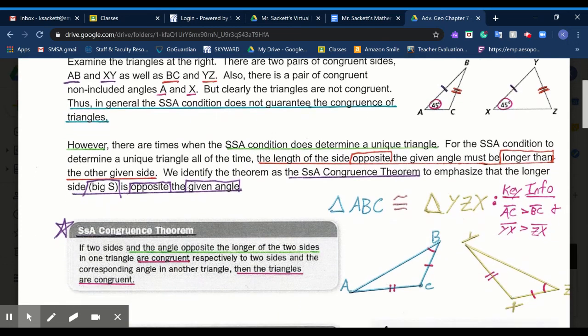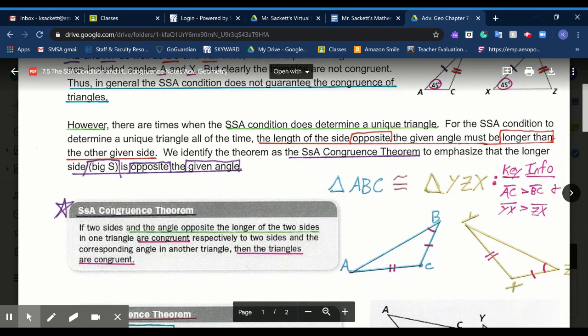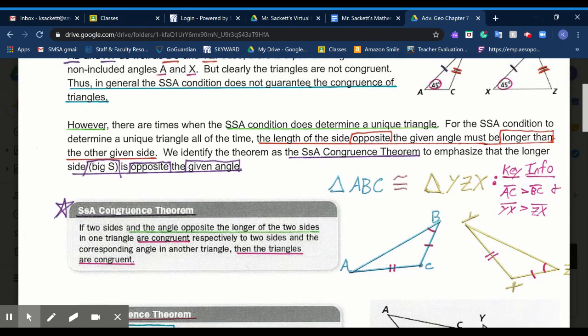So if we look at an example of that theorem, it's stated right here in this box: if two sides and the angle opposite the longer of the two sides in one triangle are congruent respectively to two sides and the corresponding angle in another triangle, then the triangles are congruent.